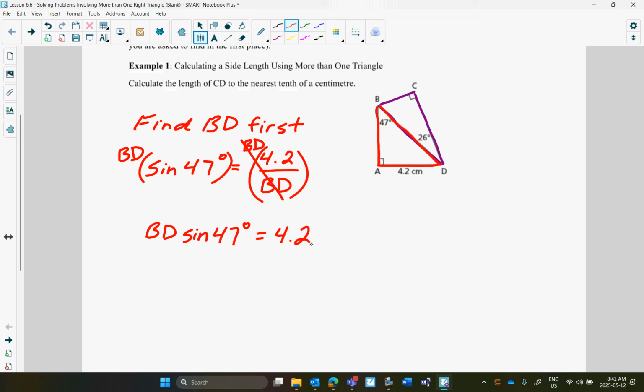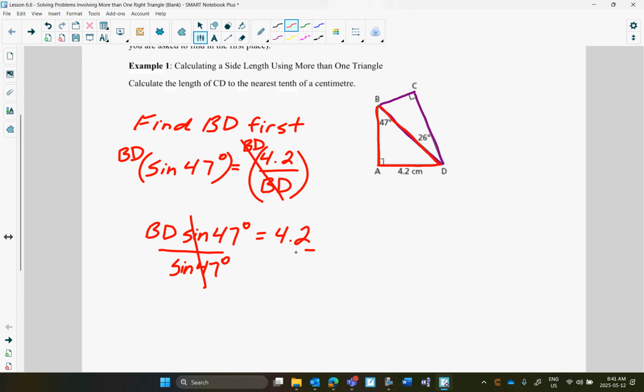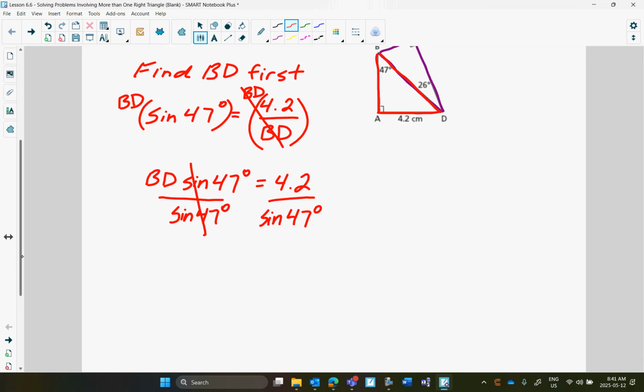Divide by sine 47. And whatever you do to one side, you do to the other. So BD is going to be 4.2 divided by sine 47 degrees, whatever that works out to. Nearest tenth, so one decimal place. 5.7. Okay, yep.